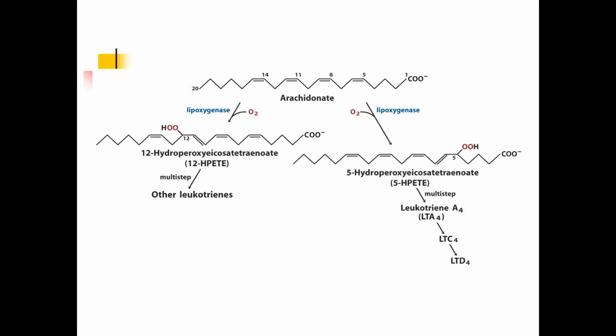And in fact, are you familiar with a drug called montelukast? Singulair? Yeah, Singulair prevents these from binding their receptor. So montelukast is a leukotriene, particularly C4 leukotriene receptor antagonist.